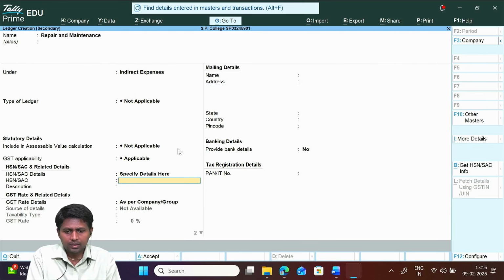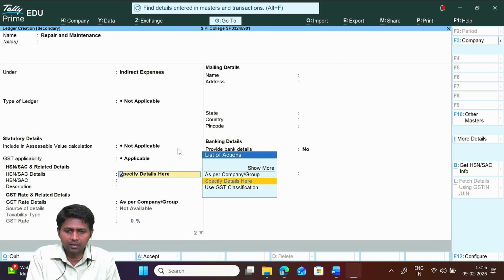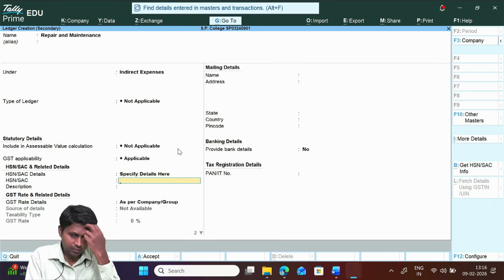If you don't want it to be calculated by Tally, you'll say I have a calculator, I will calculate, and don't provide it here. But it's my suggestion to provide it right now only, because we have GST in our syllabus as well. So some basic details of GST we will provide.